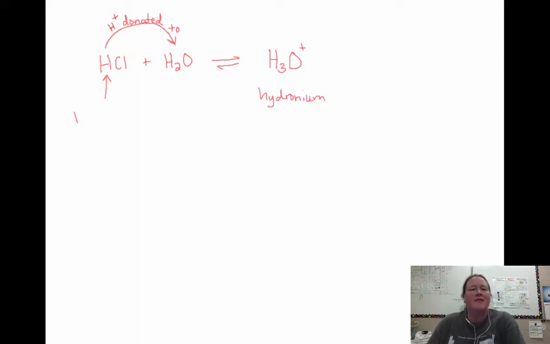So an acid, according to the Bronsted-Lowry definition, is called a proton donor, and a base, which the water in this case is acting as, is called a proton acceptor.